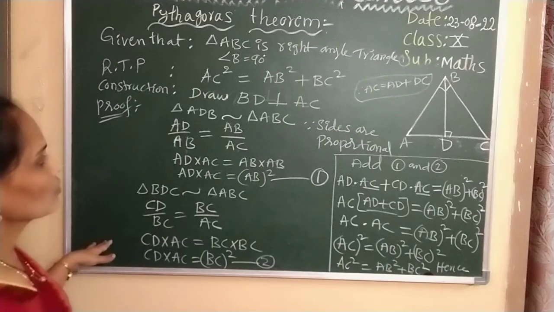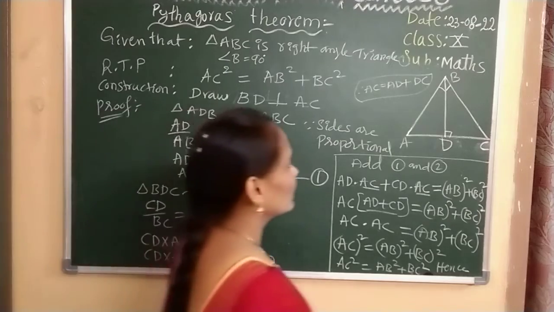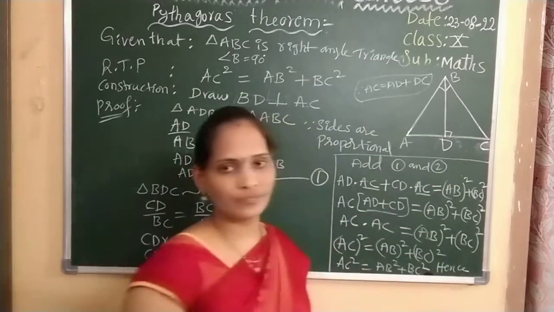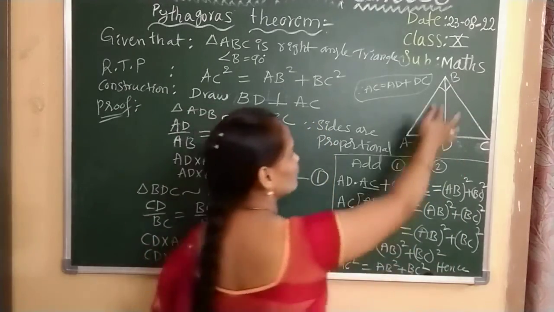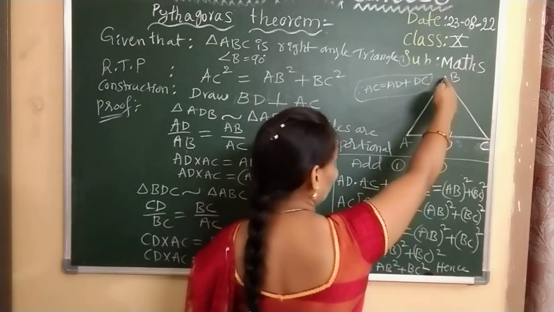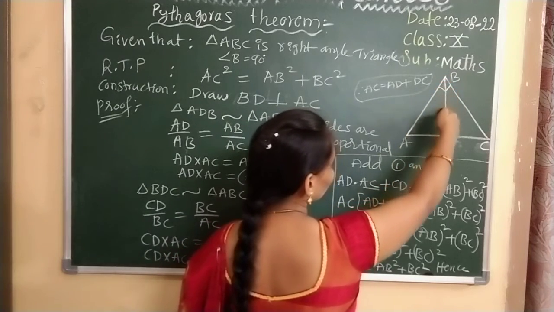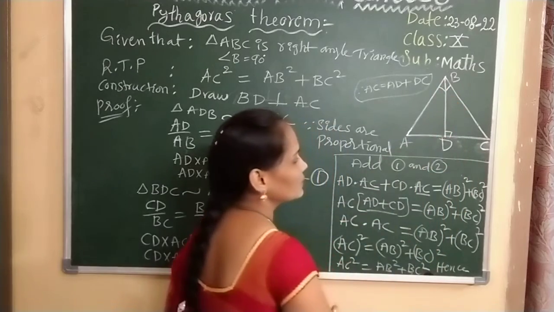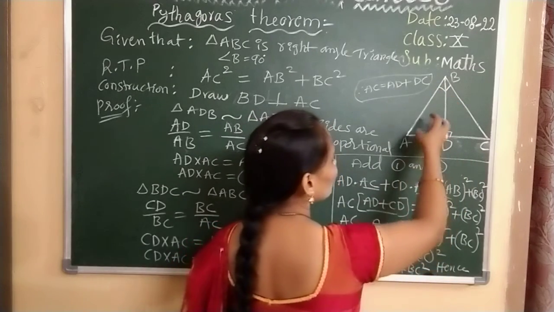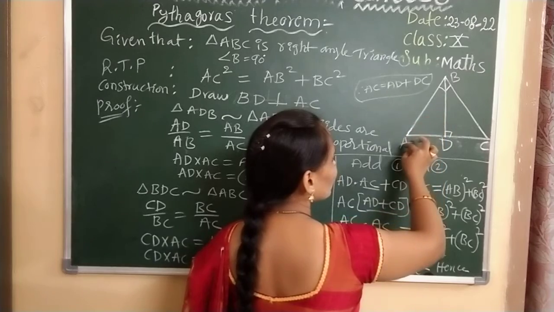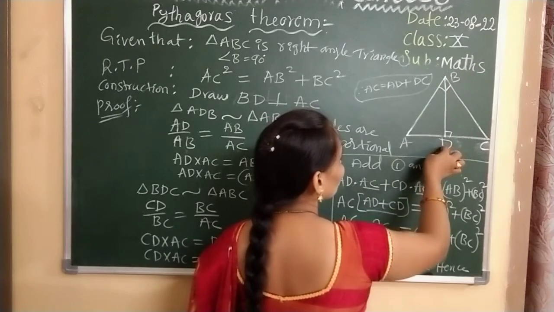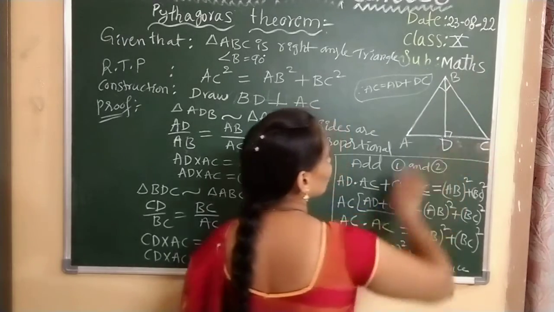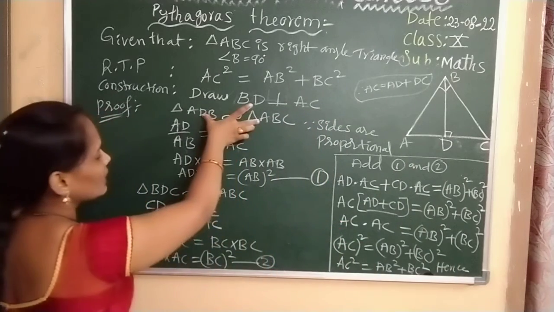Pythagoras theorem: just take one right angle triangle, right angle at B. Now from B draw one perpendicular to AC, which we consider as BD. Now triangle ABD and the full triangle ABC are two similar triangles.